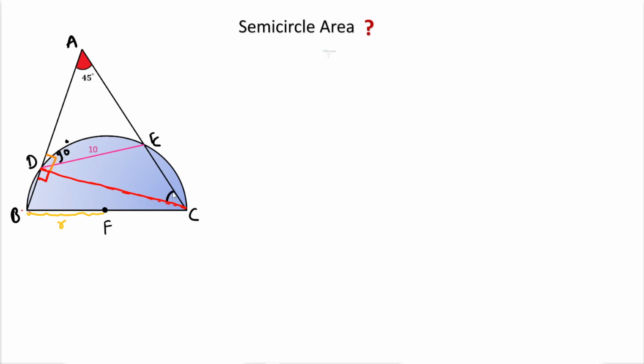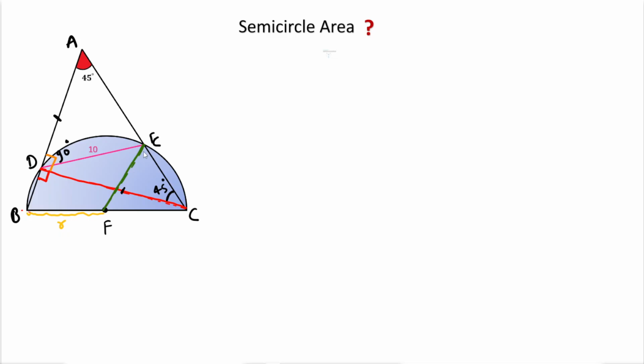So by default this angle will be what? 45 degrees, because the sum of the angles of a triangle is equal to 180 degrees. So in this triangle ADC, these two angles are the same, so by default this will become an isosceles triangle. ADC is which kind of triangle? Isosceles triangle.